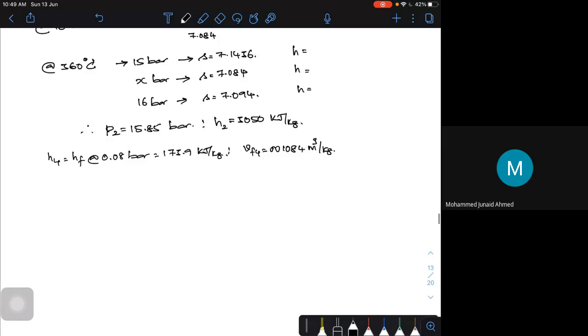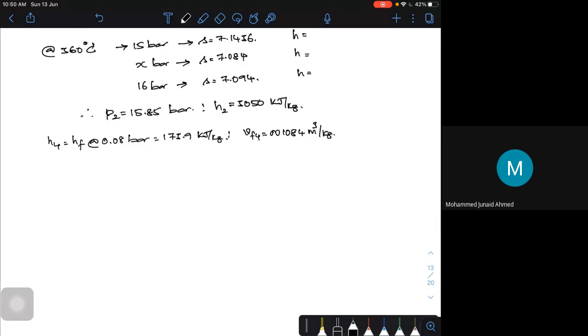I got this. Now I want to find the enthalpy H1. I am going to use the TdS equation, that is V dP is equal to delta H. So H1 minus H4 is equal to V4 into P turbine minus P pump. It is not the condenser. What is the H1 I am supposed to find?